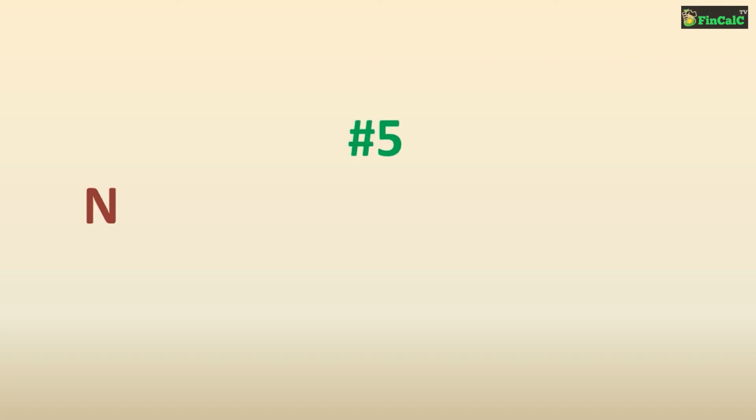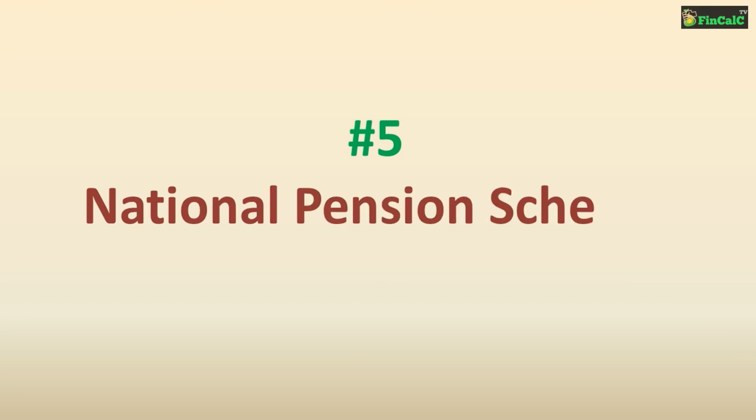The fifth tip is using NPS, that is National Pension Scheme. If you have an NPS account, you can make a maximum investment of 50,000 in a particular financial year and claim the deduction under Section 80CCD.